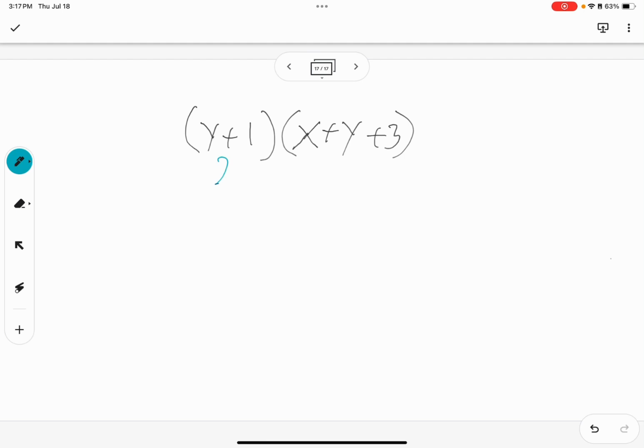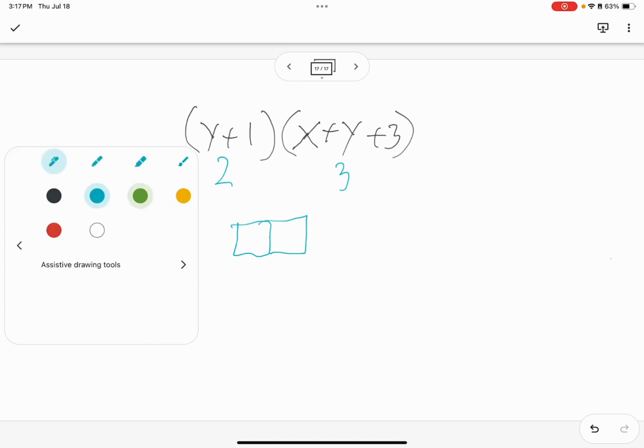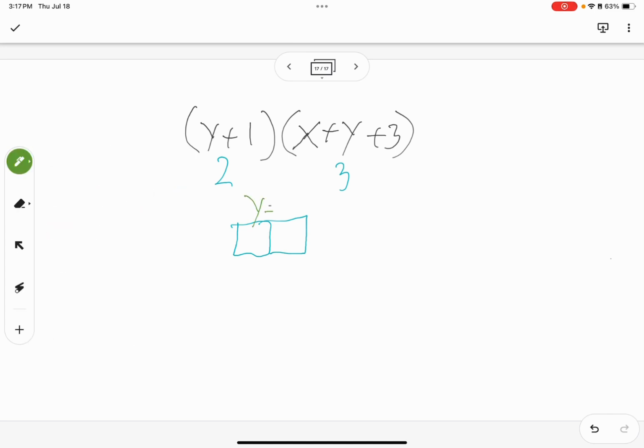All right. So what we're going to do is, because we have two terms here, and here we've got three terms, we want to create two boxes along the top where we'll do y plus 1. And then this term here, since it's 3, we're going to do 3 boxes. So we've got 1 box, 2, 3, and then we just make it well-rounded. So now we're going to bring this part down, x plus y plus 3.